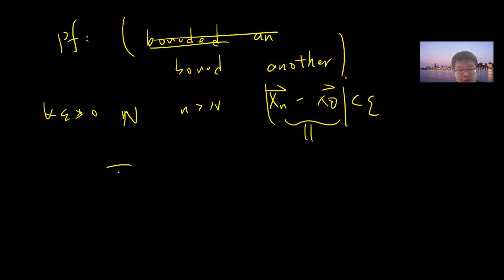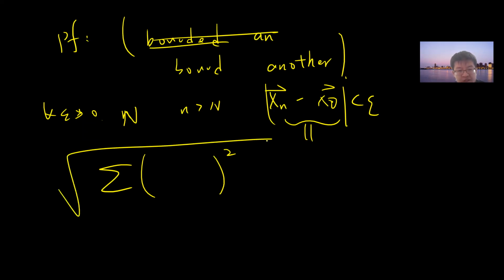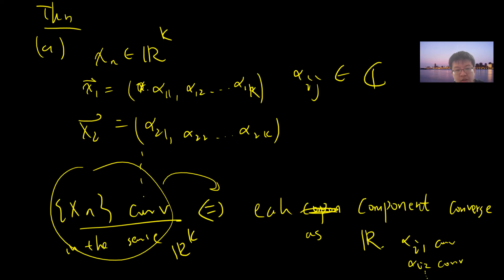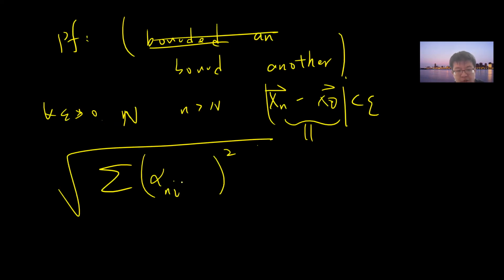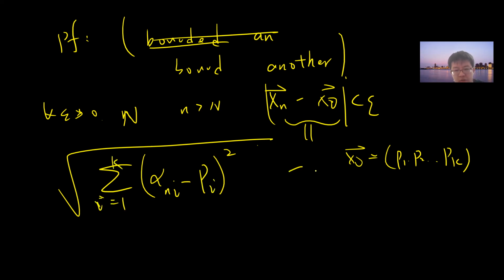But this is just the Euclidean space, so it's the square root of the sum over i from 1 to k of alpha_ni minus p_i squared, where x_0 is p_1, p_2, up to p_k. That is less than epsilon.